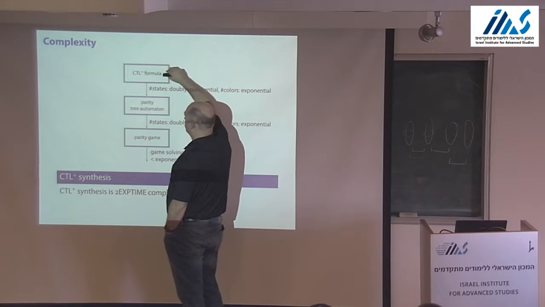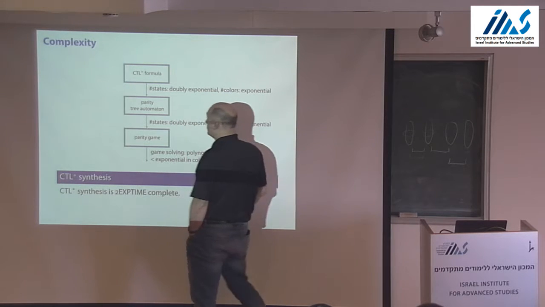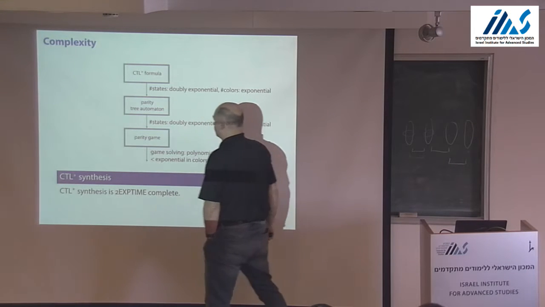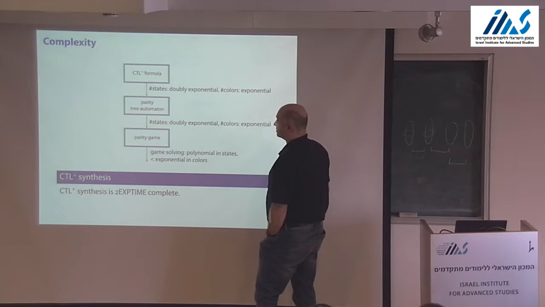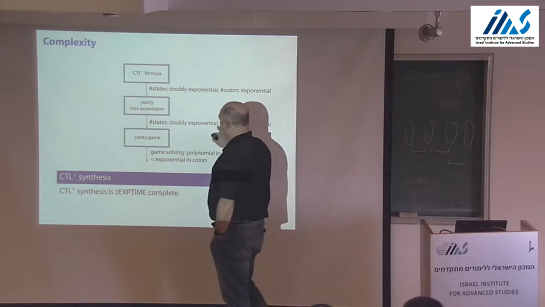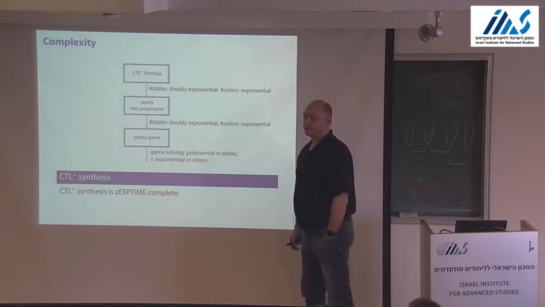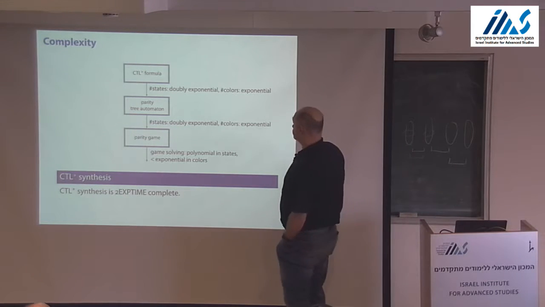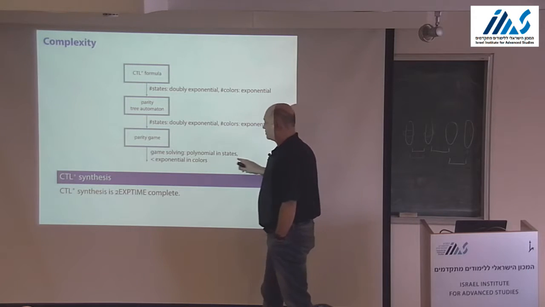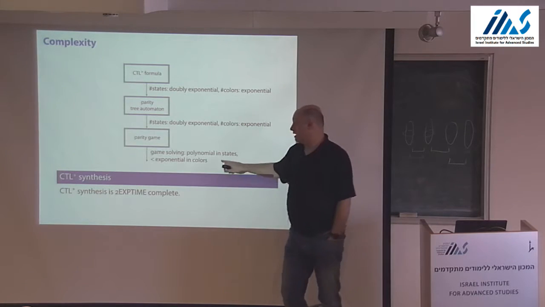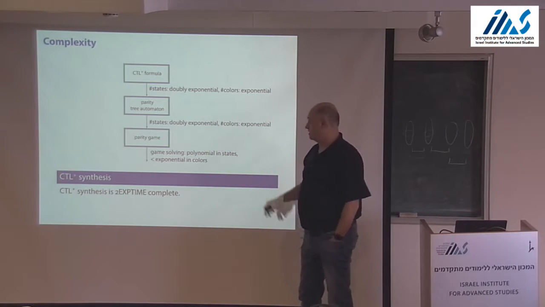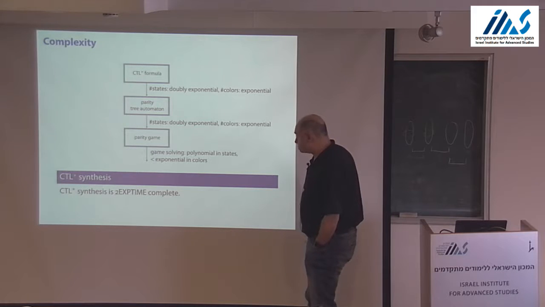The cost arises from going from the formula to the tree automaton, and then we solve a parity game on the resulting tree automaton, and the complexity here is dominated by the fact that we have a doubly exponential state set. We have an exponential number of colors, so we could in principle also afford an exponential parity game solver in the number of colors, but we know that that can be done cheaper.